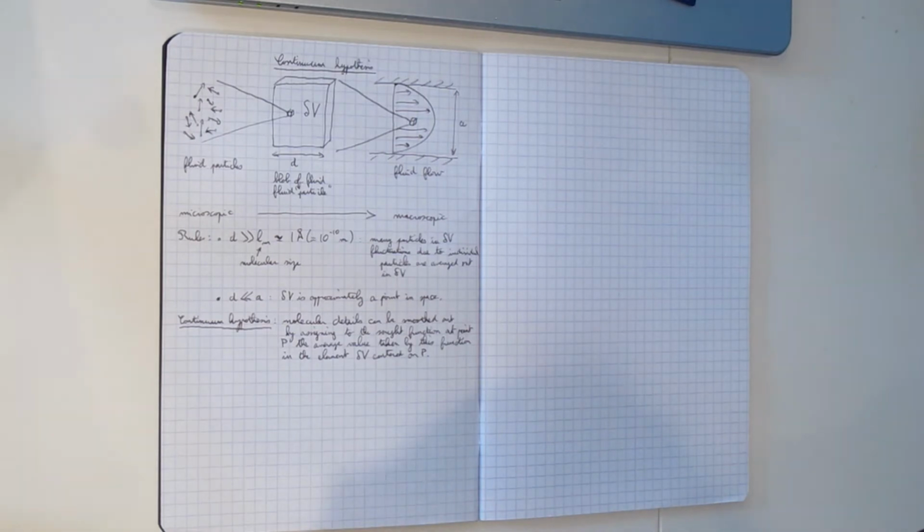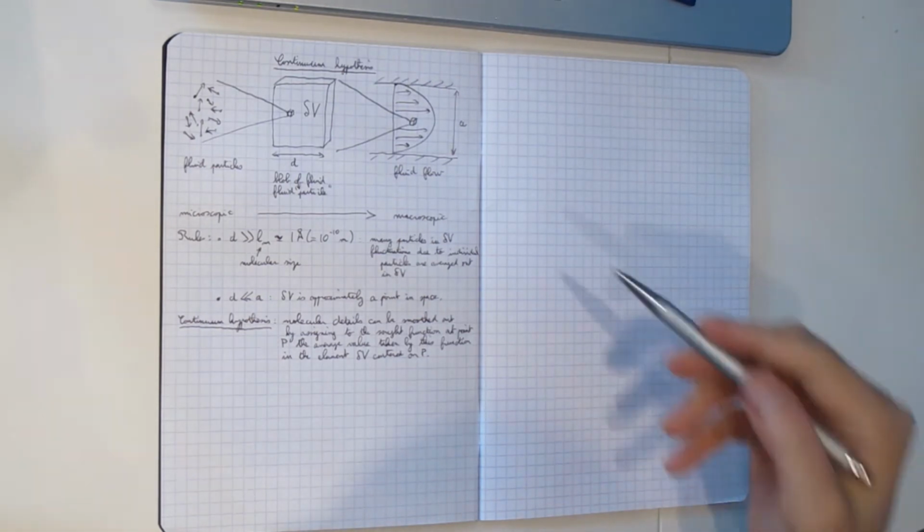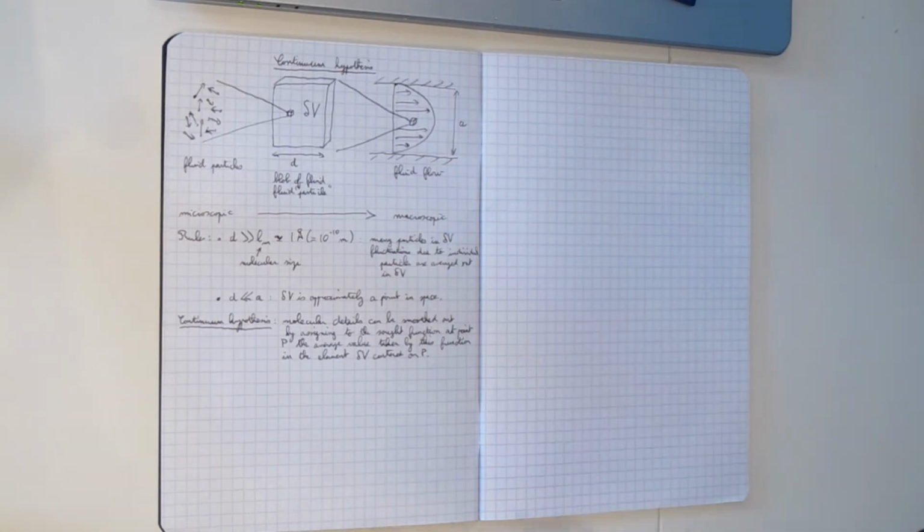Okay? And because essentially we're averaging over a large number of particles, this function is going to be a smooth function of time and of the position, allowing us to model this domain as a continuum. Okay?